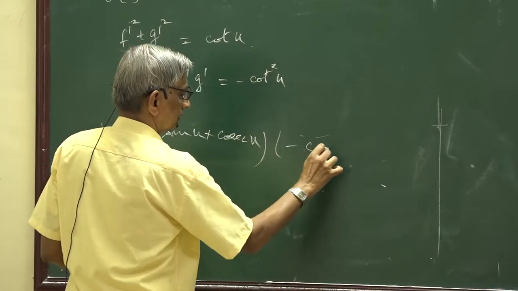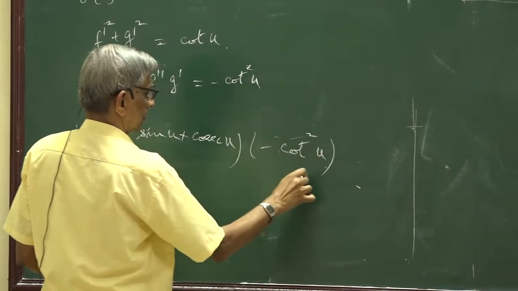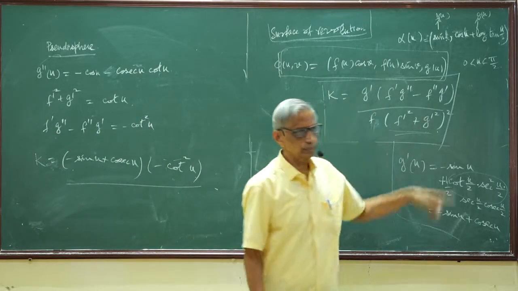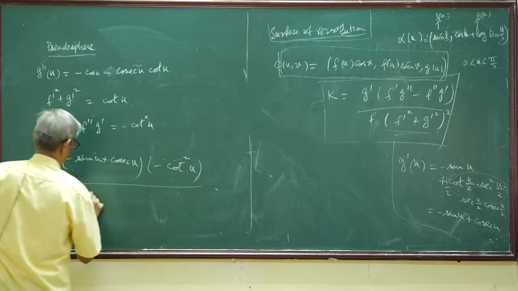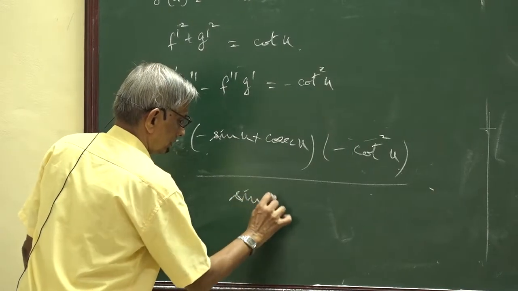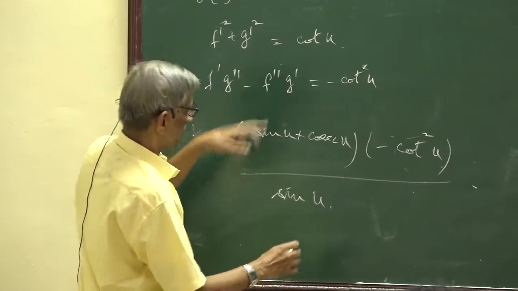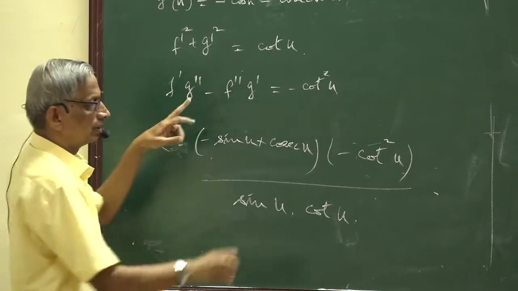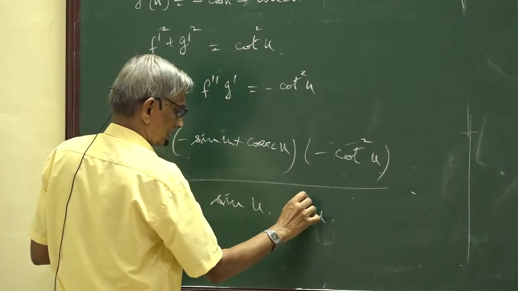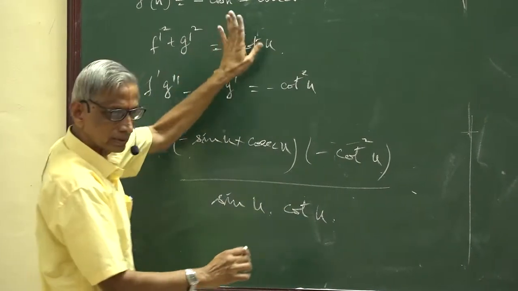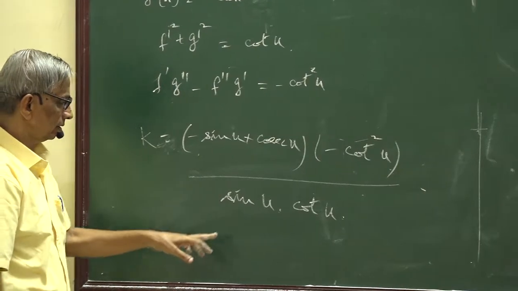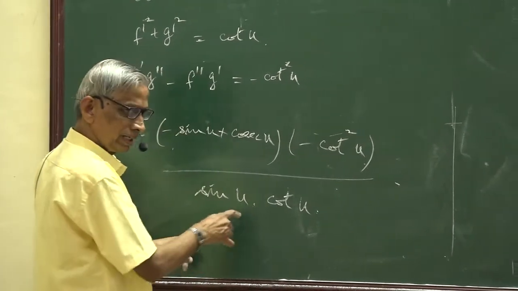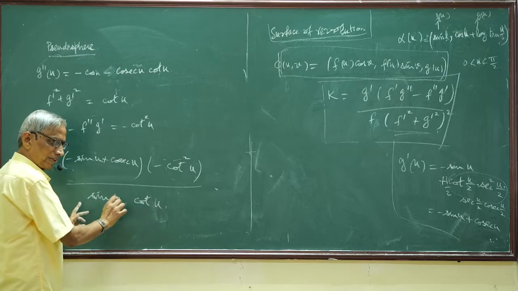Okay, f is sine u. This is cot u. Cot square, huh? Okay, that's what I was. Here cot is fine. Oh, square of that, whole square. Okay, this is okay? Whole square is fine. Otherwise it is okay.